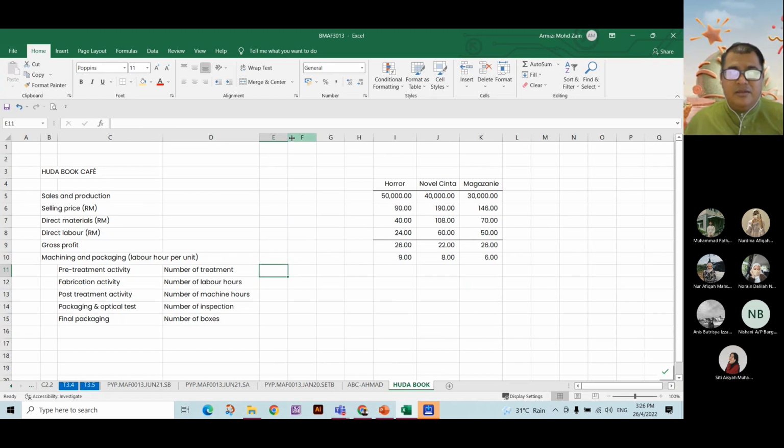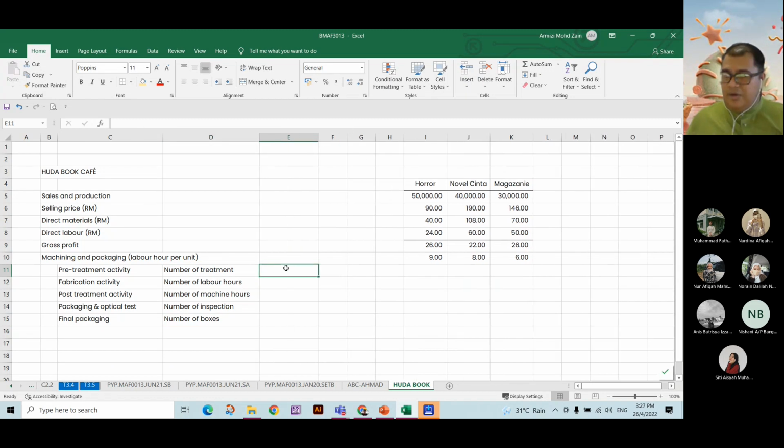Okay, this one. Berapa cost dia? 550. And this one, 700. This one, 150. This one, 95,600. And this one, 100,000.